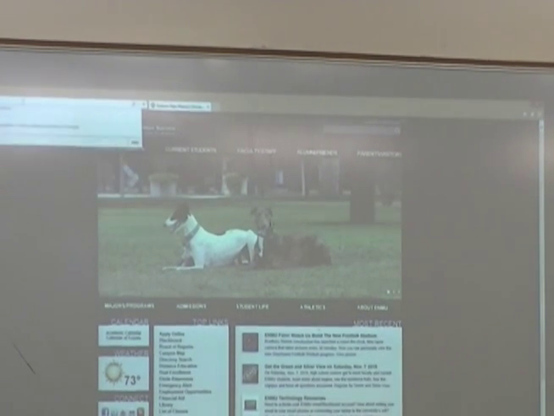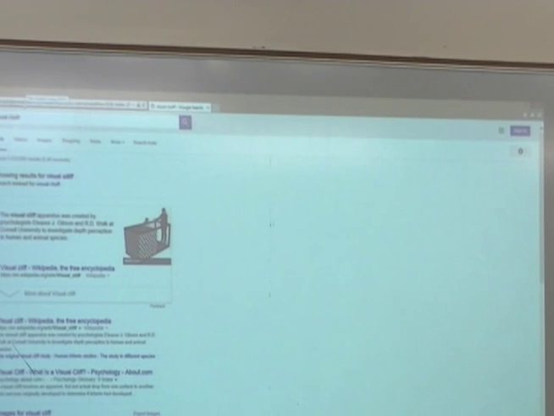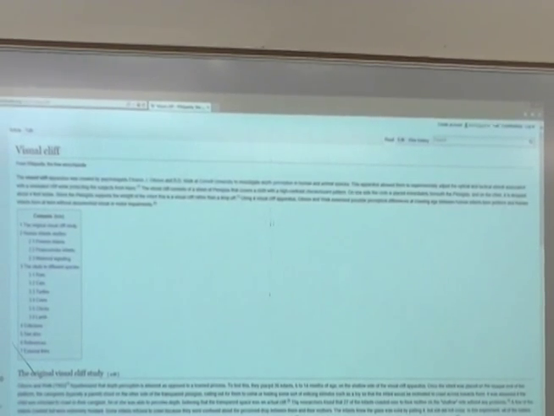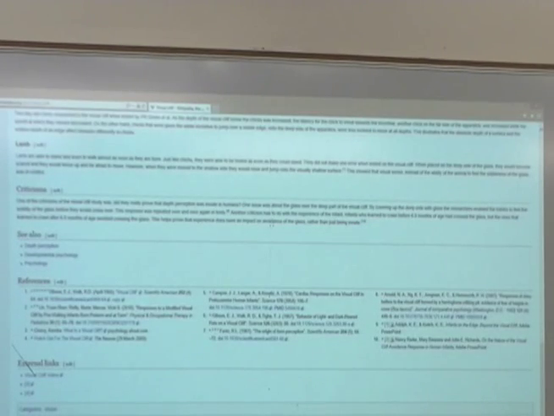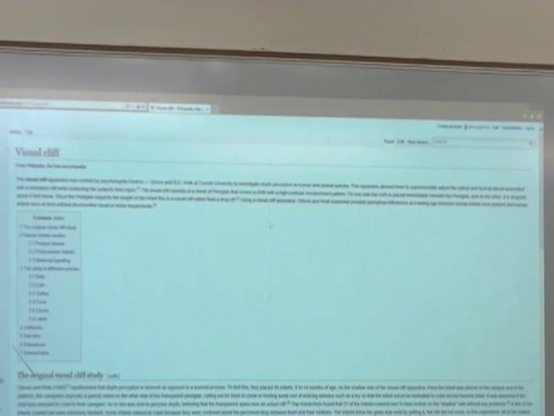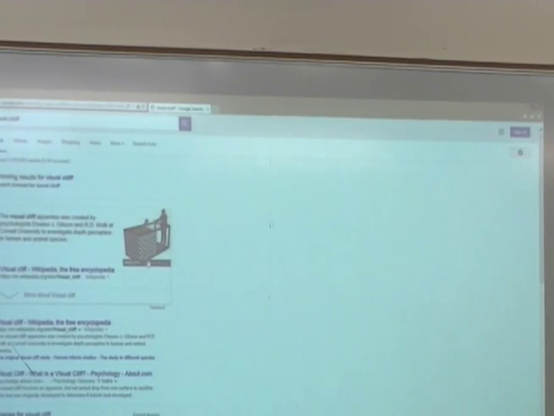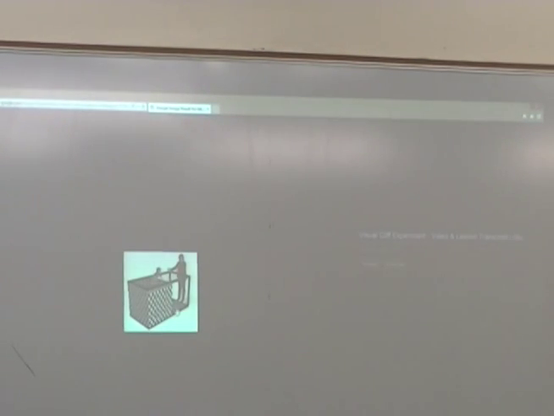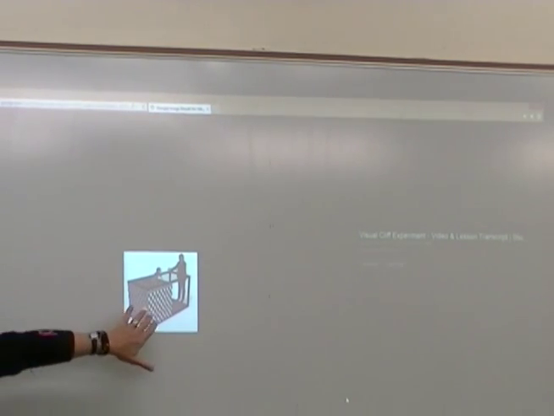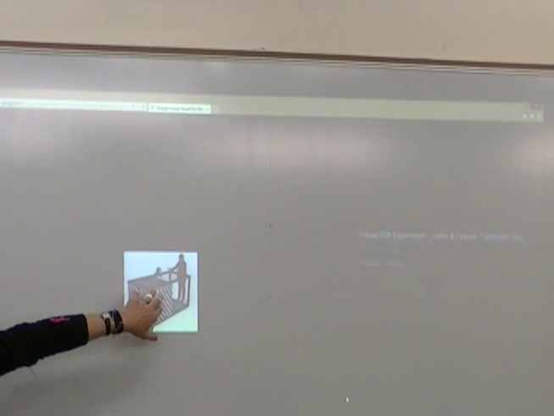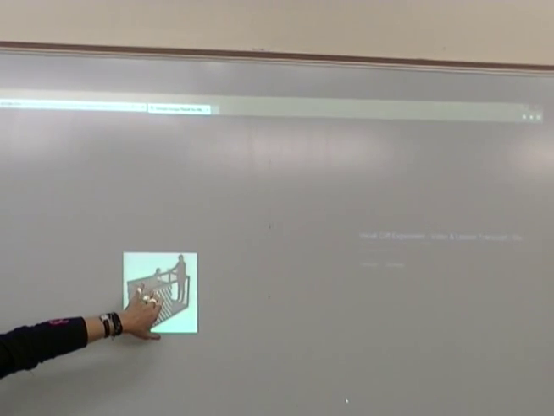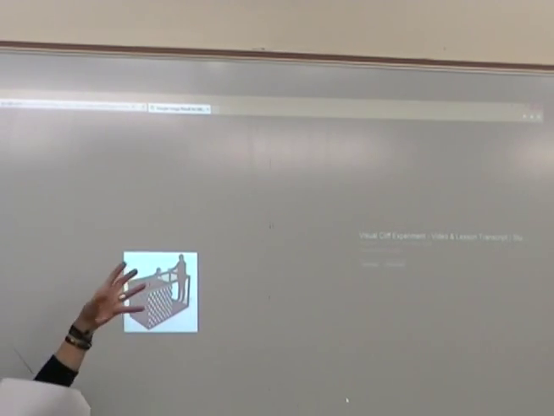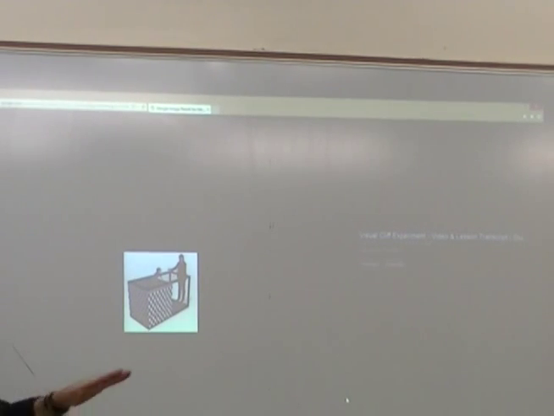So visual cliff research is a research tool that they use with young children, with young babies, to work out this idea of depth perception and the development of depth perception.